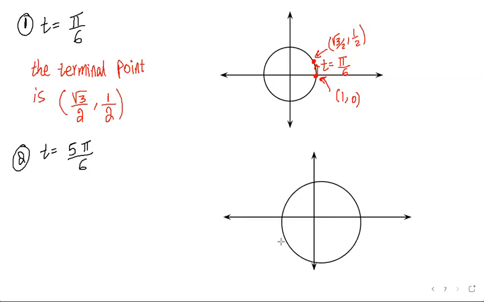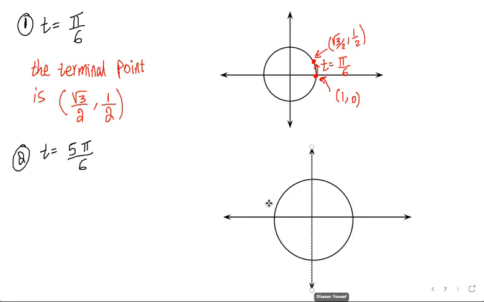Here's my unit circle. 5 pi over 6 is going to be in the second quadrant. Why? Because this point is pi, and pi equals 6 pi over 6.